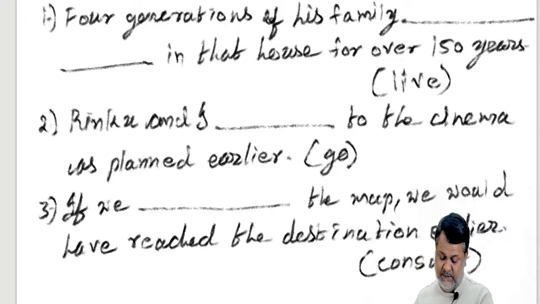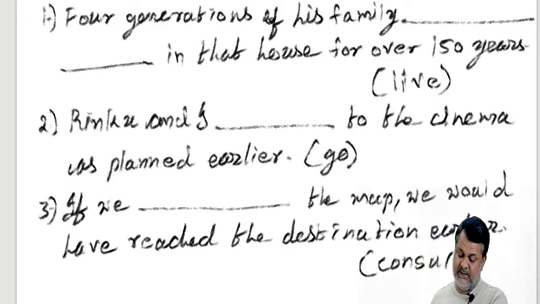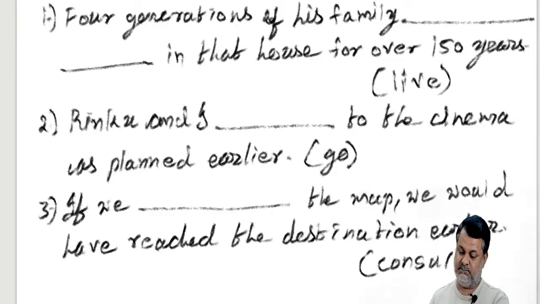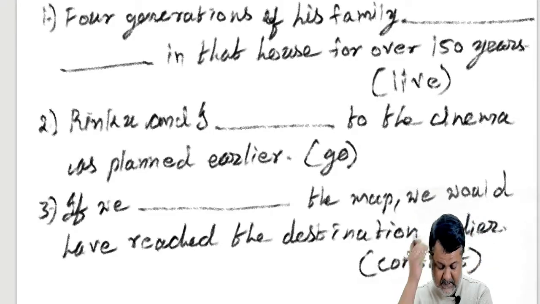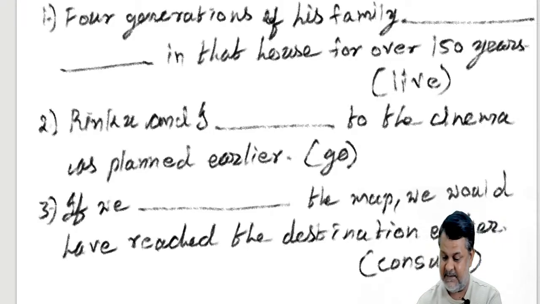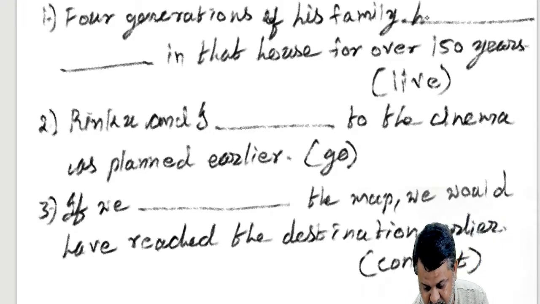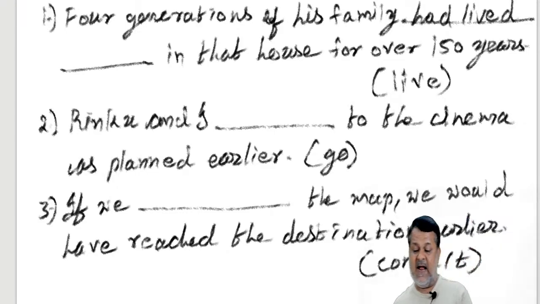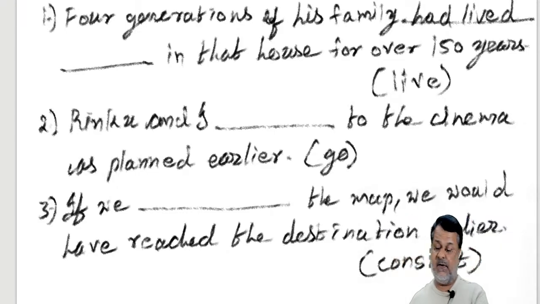It will be past perfect, had lived. Four generations of his family had lived in that house for over 150 years.